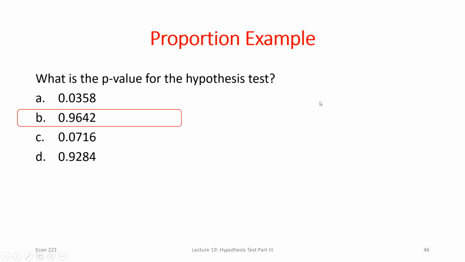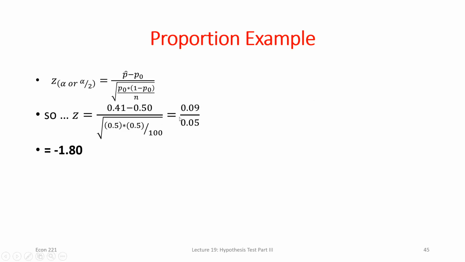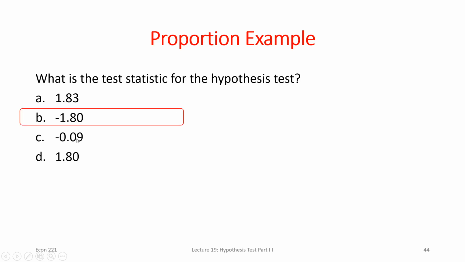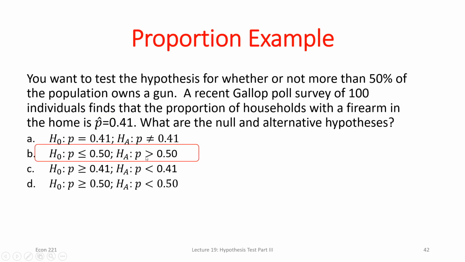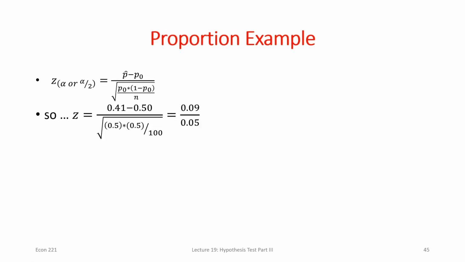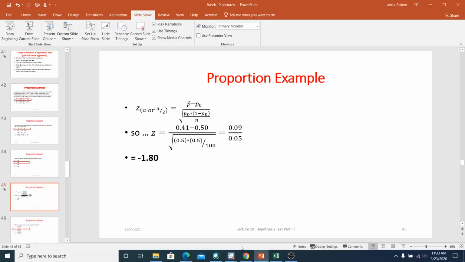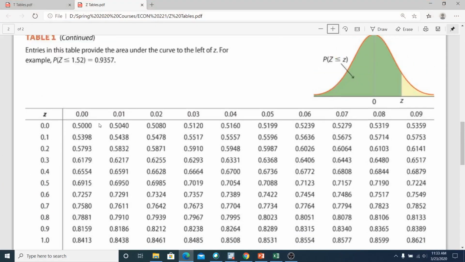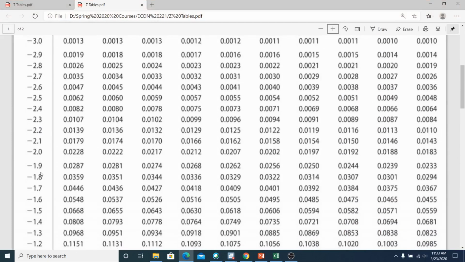So what's the p-value for this test? Well, if we wanted to look this up, we've now got our test statistic of negative 1.8. The p-value for a right-tailed test would be the area to the right of that. So I would look up negative 1.80 in my table. I get 0.0359, but that's the area to the left.